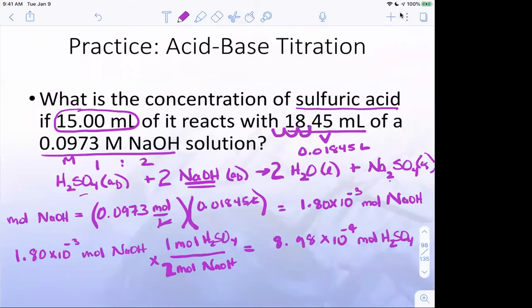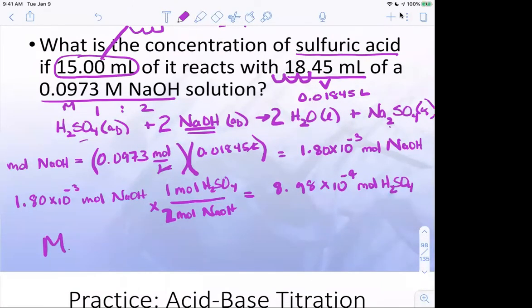Well, remember I had that volume of 15 mL of H2SO4, which also is 0.01500 liters of H2SO4. My molarity of my H2SO4 is going to equal 8.98 times 10 to the minus 4th moles of H2SO4 divided by 0.01500 liters.